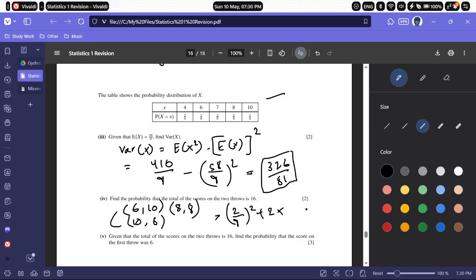Probability of getting a 10 would be 1 over 9 times the probability of getting 6, which is 1 over 9. So just add up all of this. Adding all of that gives you 2 over 27.